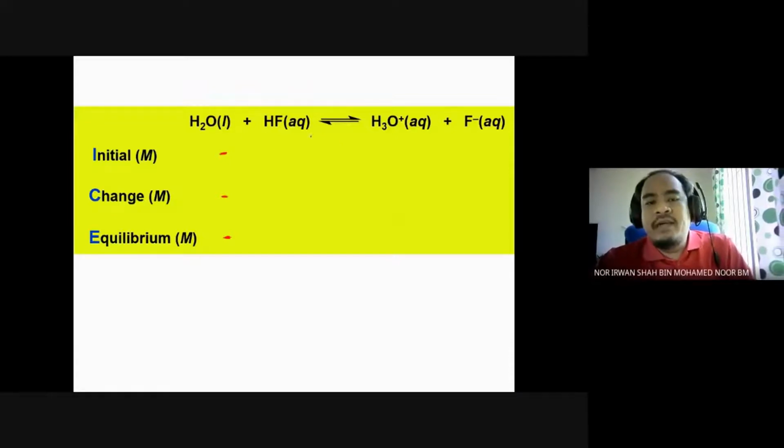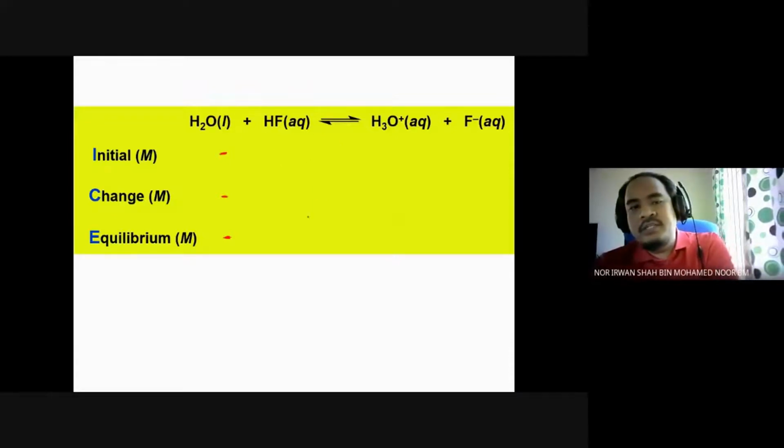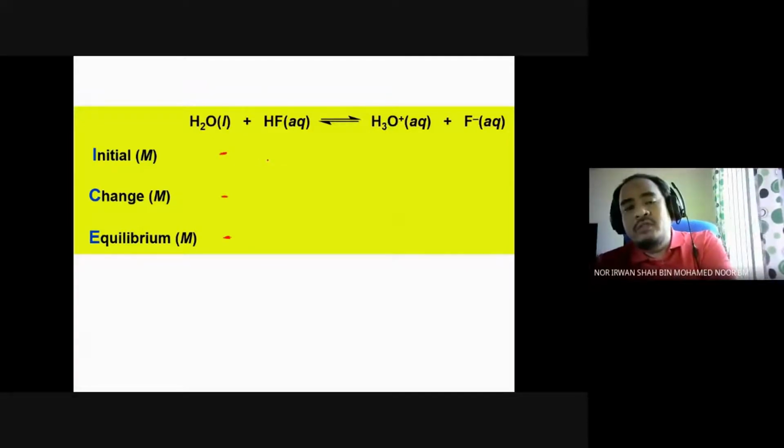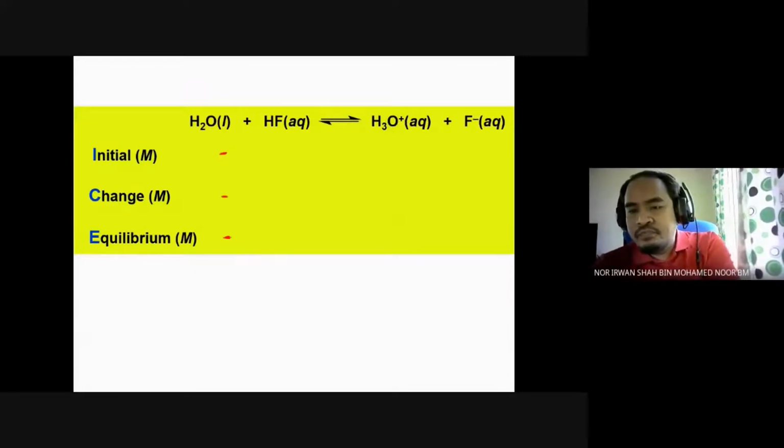Okay, and then hydrofluoric acid. So initially berapa dia punya concentration? So based on the given mole dan juga volume of the solution. Okay, so we can calculate kelas kita boleh kira kepekatan dia. Cuba you all kira tu dulu, dapat berapa dia punya molarity dia.